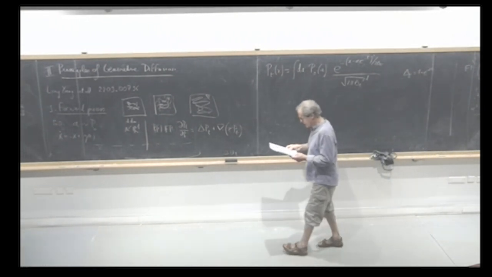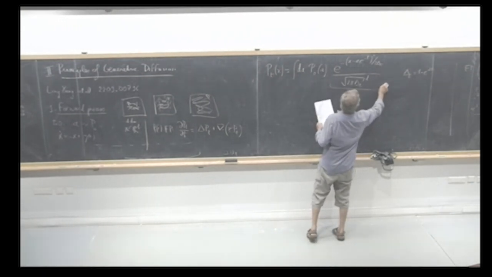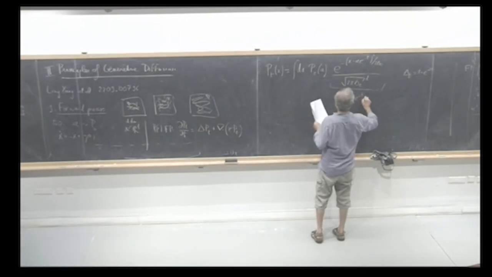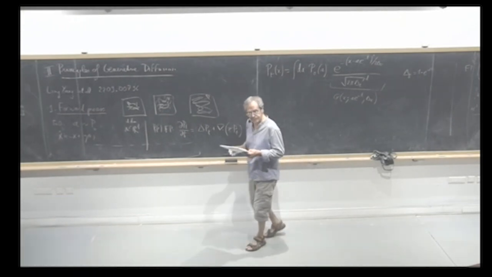So we know everything about this process. By the way, I will probably have to use quite a lot of these normalized Gaussians. I will write that as the Gaussian distribution for the variable x with mean a e to the minus t and variance delta t, Gaussian density.